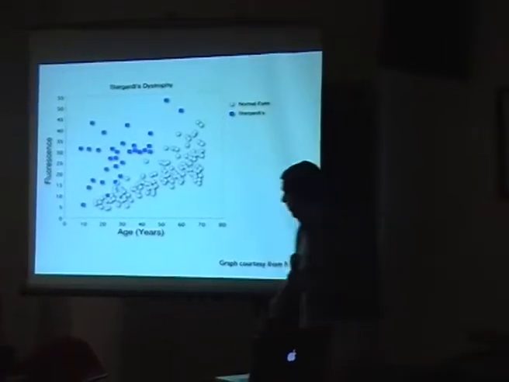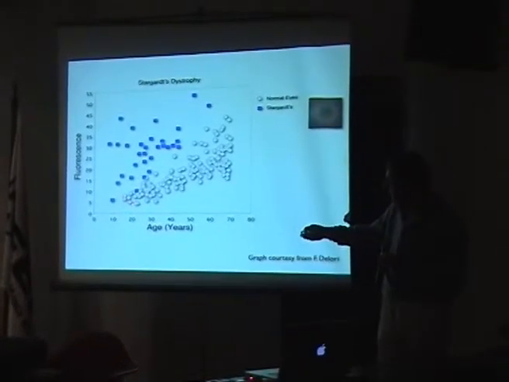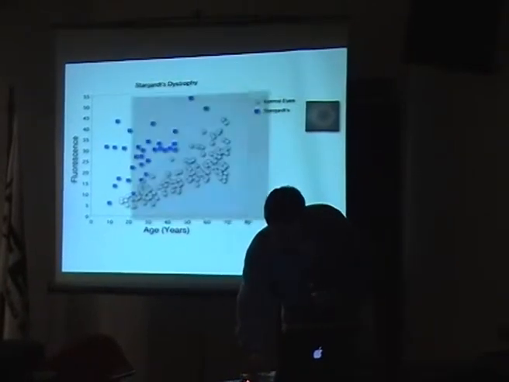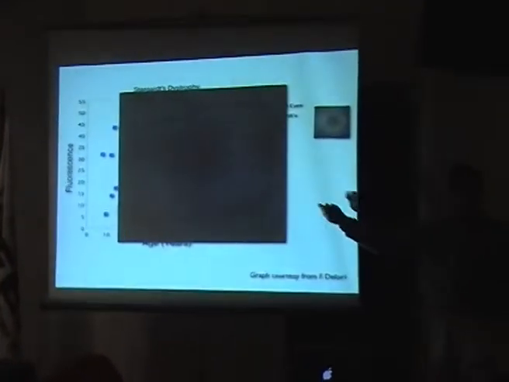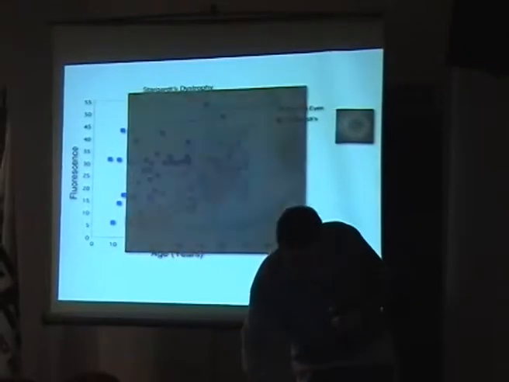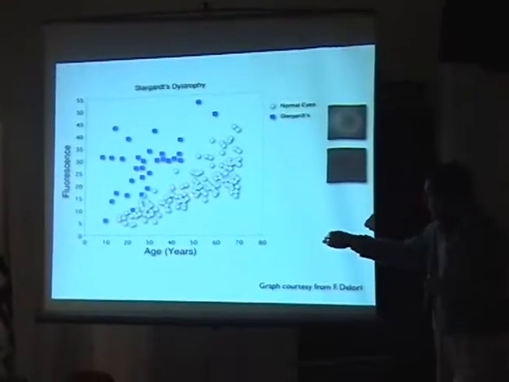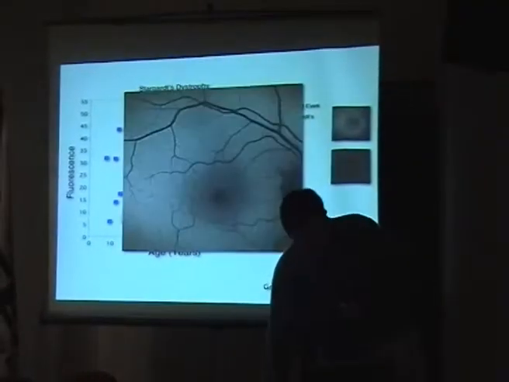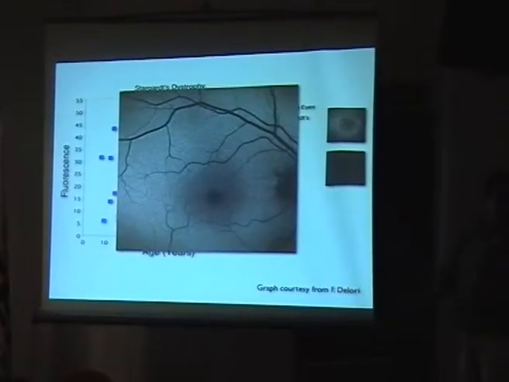Now we want to compare with a normal subject of 13 years old, the same age. Here is the fluorescence. You see it's almost invisible. Now, if we take a 51-year-old normal subject, you see that the fluorescence is equal to that of the young person.